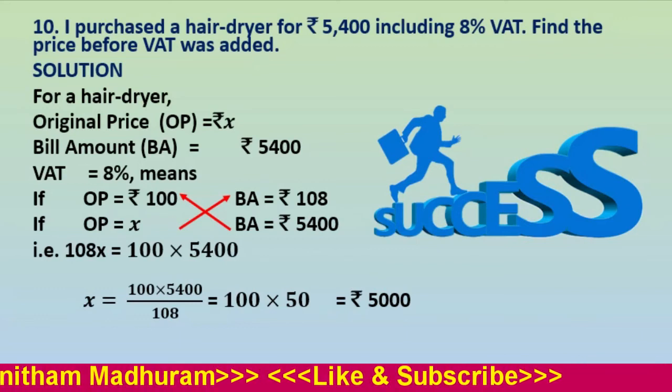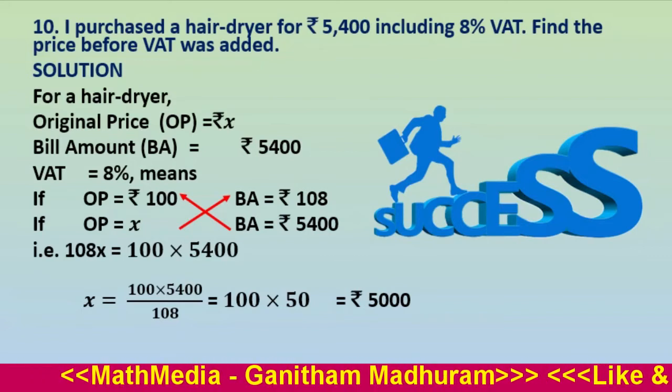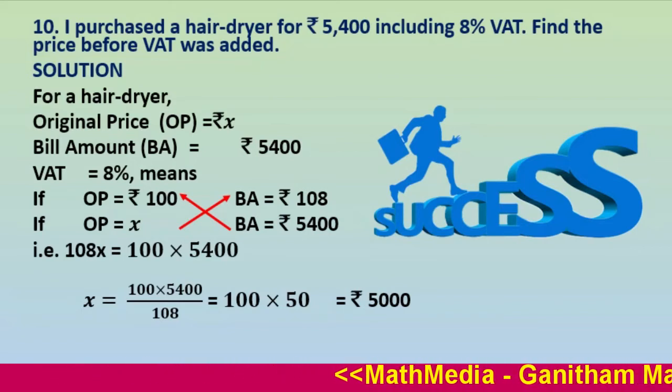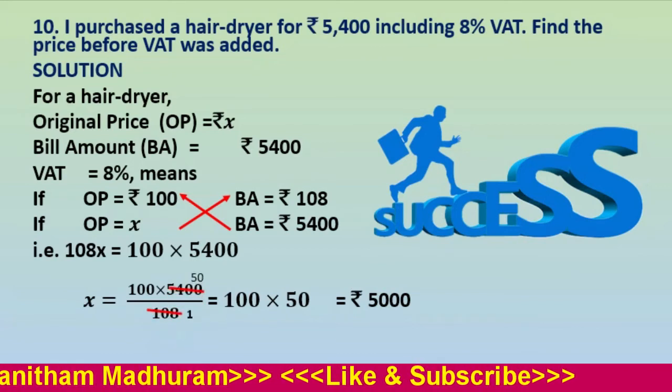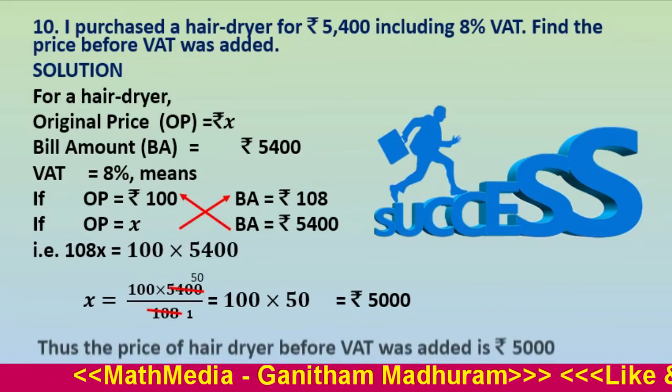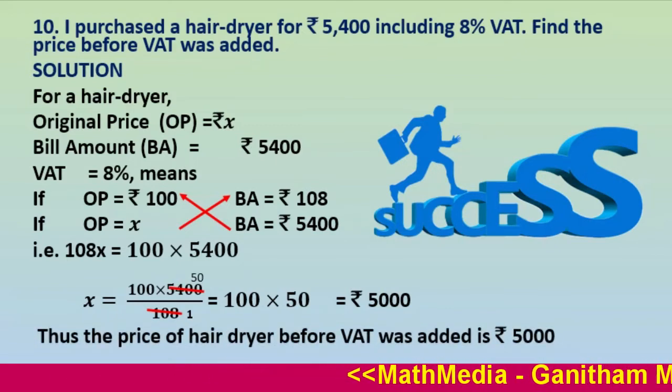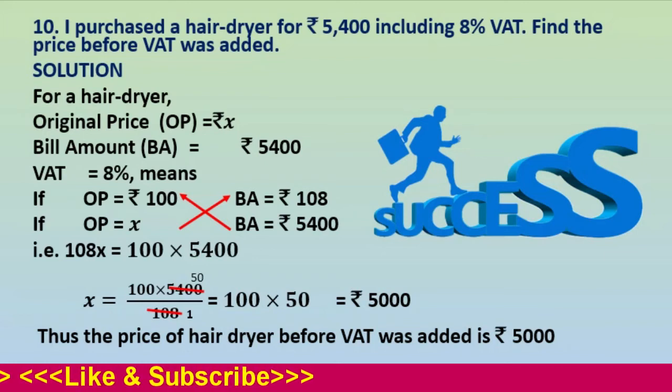So the numerator becomes 100 into 50 and the denominator becomes 1. So 100 into 50 gives rupees 5000. Hence the original price of the hair dryer before VAT is rupees 5000.